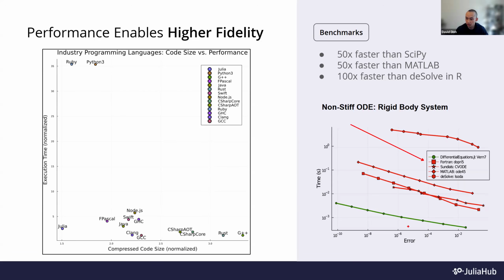If we look at the Julia solution here in the green line, for any given acceptable error level along the x-axis, we can see that the Julia solution is 1 to 2 orders of magnitude faster than the competitors in these benchmarks. And all of this information is available on our website for you to take a look at yourself as well.